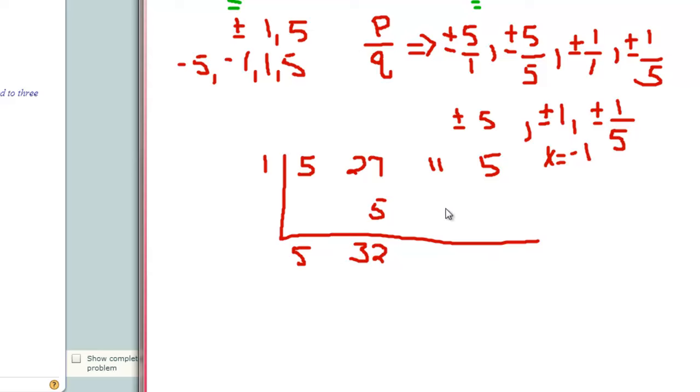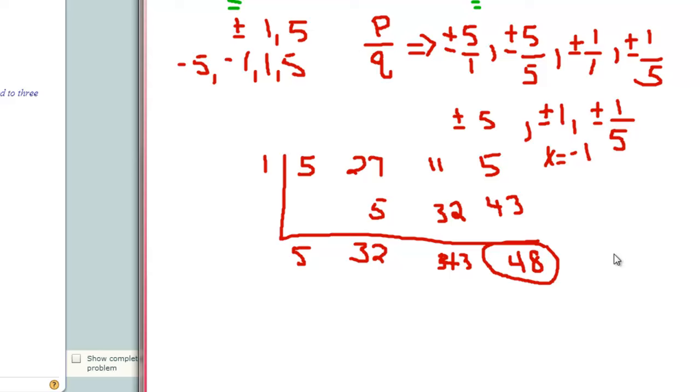Multiply, we get 32. Add those together, that ends up being 43. And then 43 goes over here, and last but not least, 48. If this last thing is anything but 0, there's a remainder, which means that is not a possibility.